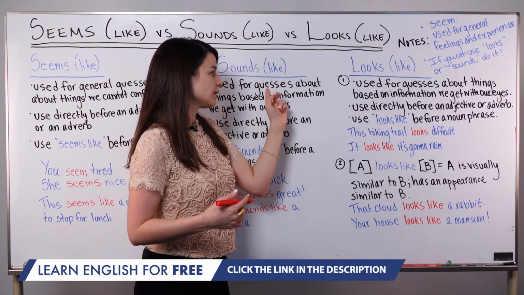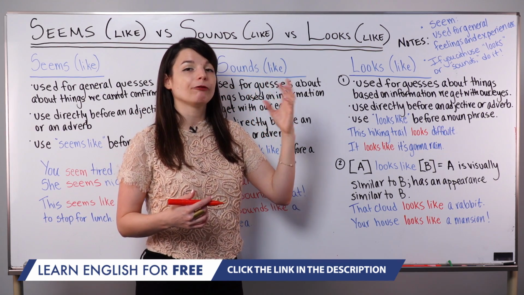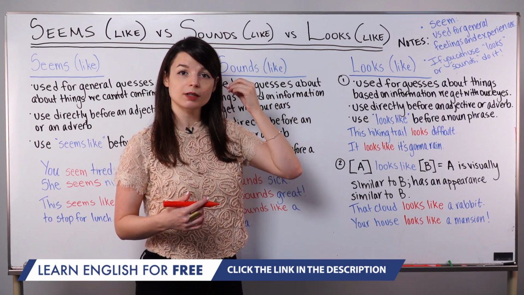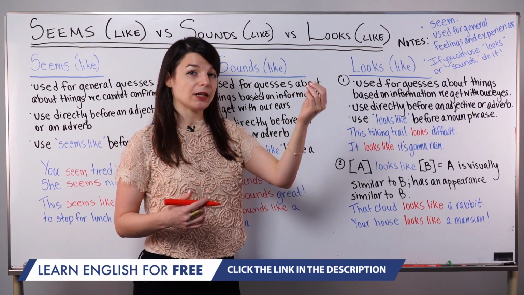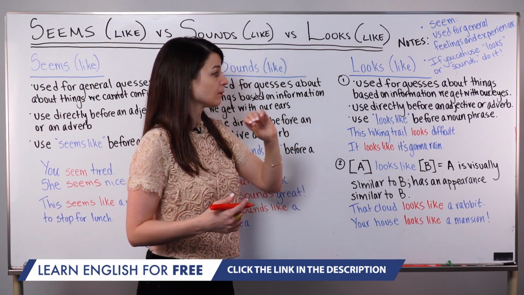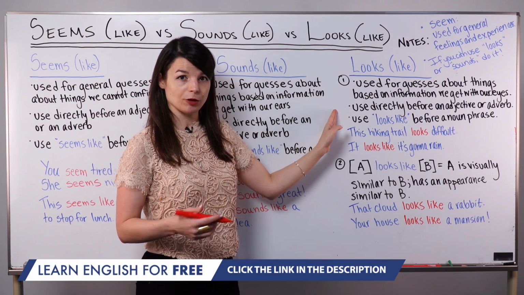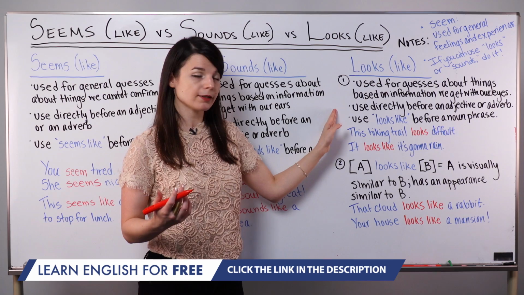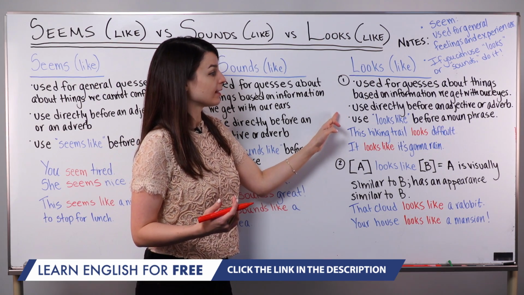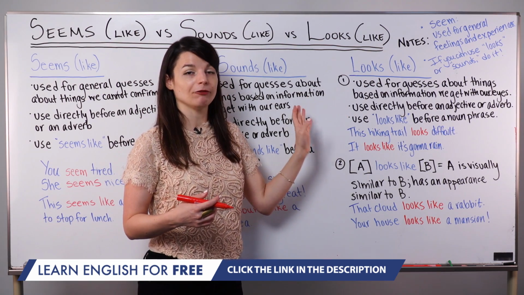So sounds is specifically for information we get with our ears. Looks is used for information we get with our eyes. So again, we use this before an adjective or an adverb, just look or looks. And we use looks like before a noun phrase.